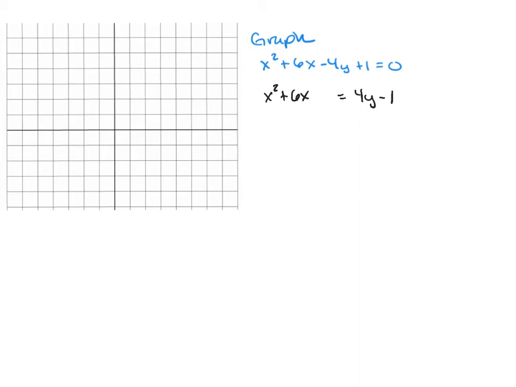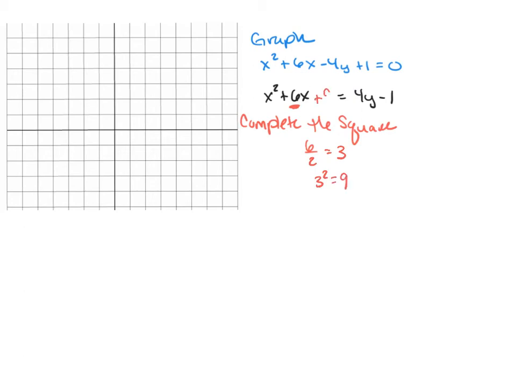Then I want to use completing the square. So if you remember, we're going to take the 6, cut it in half to get 3, and then square that to get 9.